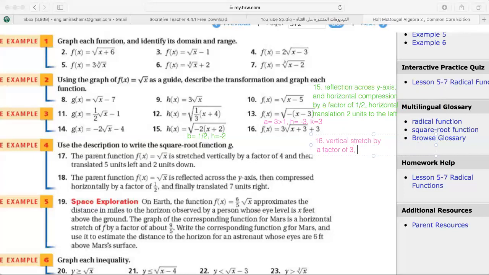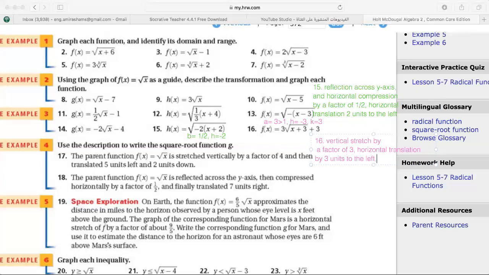And h is equal to negative 3, so it is horizontal translation 3 units when h is negative 3, so it is to the left.